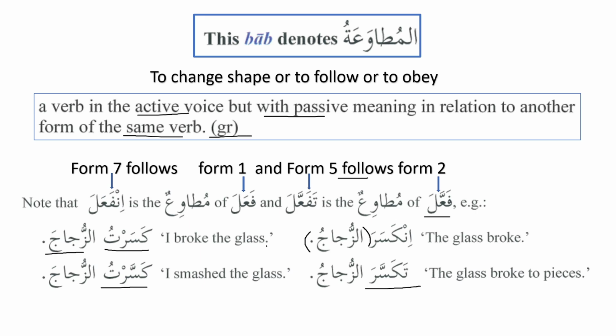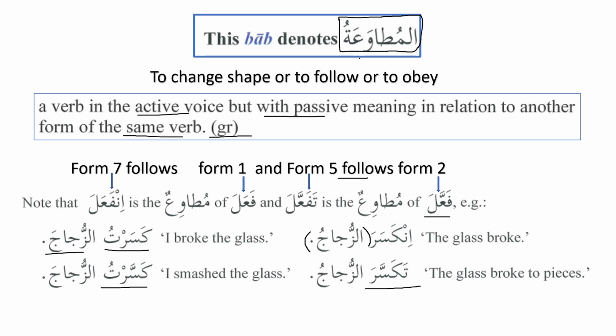So sometimes it carries the passive meaning, and that quality is called al-mutawa'atu. The reason we need to discuss this is that whenever you look at any book, whether in Arabic or English, you will find this word. So I thought it's necessary that we learn what exactly it means.